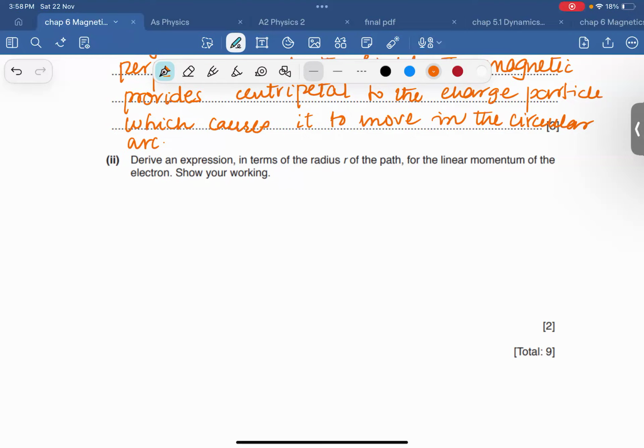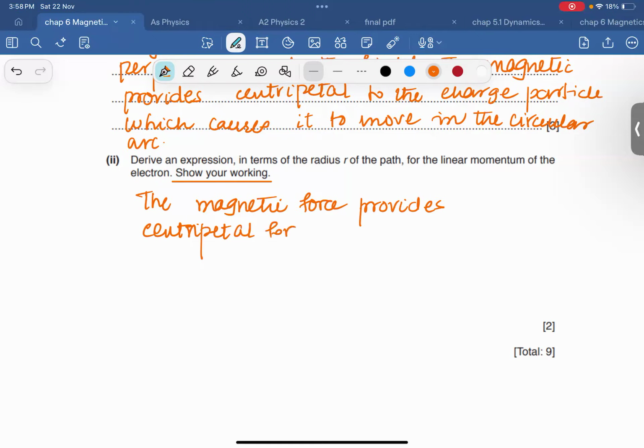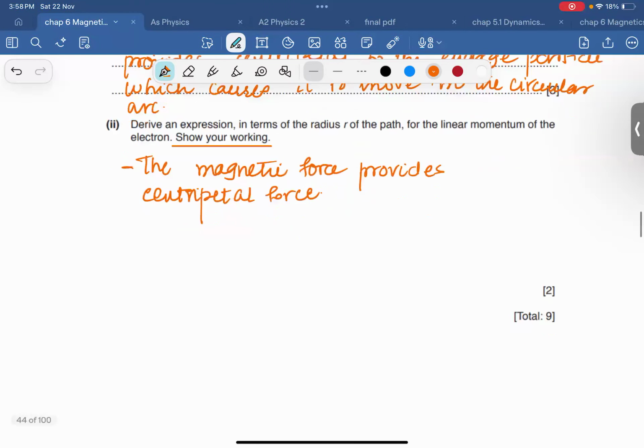Derive an expression in terms of the radius r of the path for the linear momentum of the electron. Show your working. So you can say that the magnetic force provides centripetal force, and we can say that F_B equals BQV and F_c equals mv squared over r.